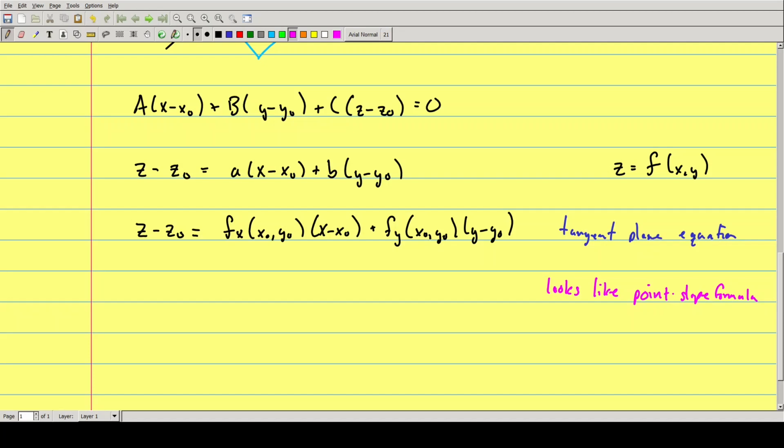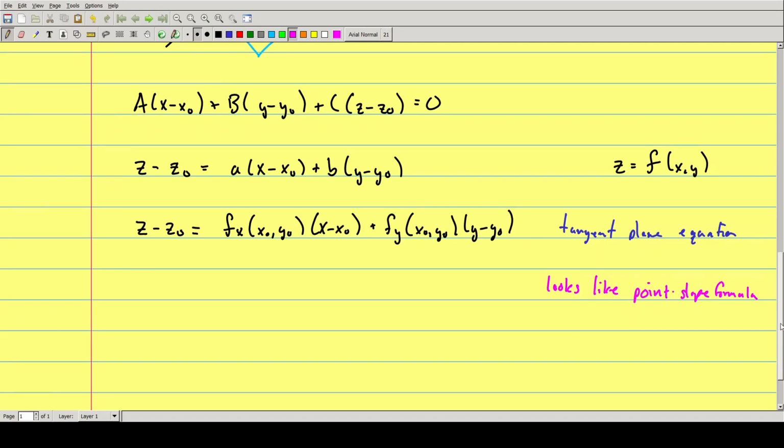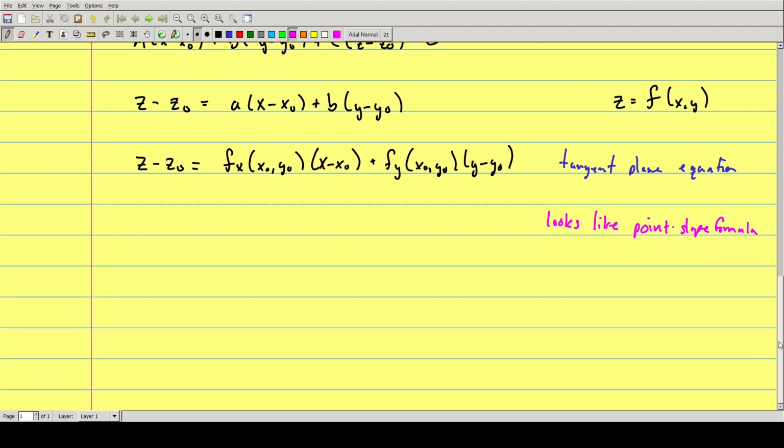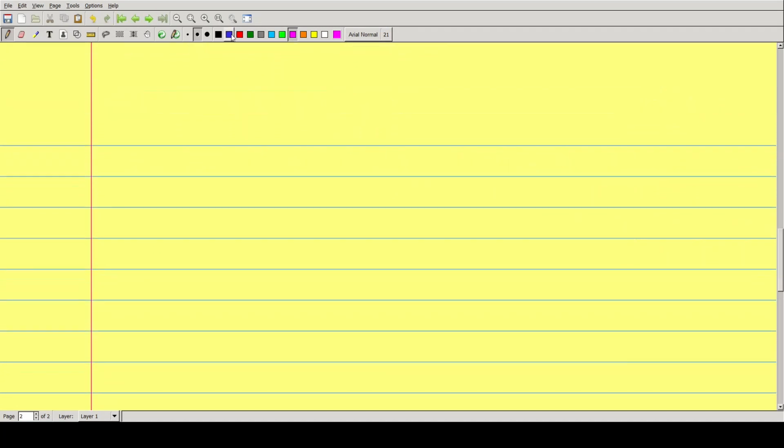Okay, all right. So let us do an example here. We want to find the plane tangent to z equals 2x squared plus y squared at (1, 1, 3).